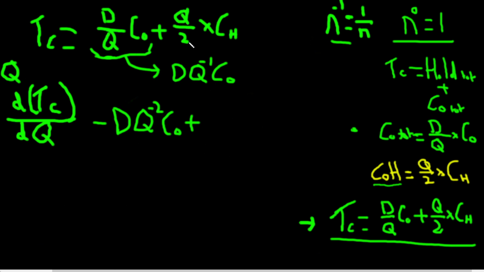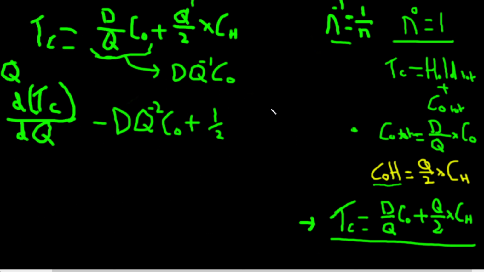q over 2, which is the same as q to the 1 over 2, or a half times q to the 1. So what we do is we times by the power, so we've got a half, which we've already got, you know, because this is represented as half times q, right, times q, and then we reduce the power.